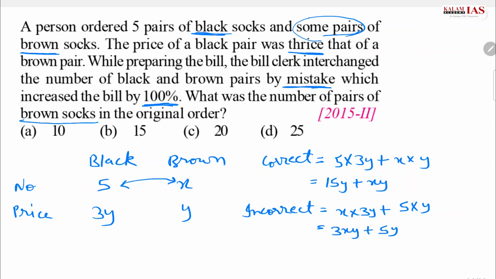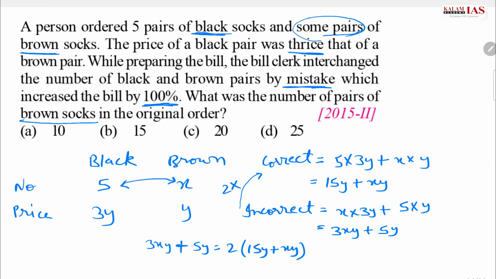Now it is said that the incorrect one is 100% more than the correct one. That means it is 2x. 100% increase means if it was 10 rupees, it has become 20 rupees. It has doubled. So equating these two values, the incorrect is 3xy plus 5y, which equals 2 into 15y plus xy, the original one.